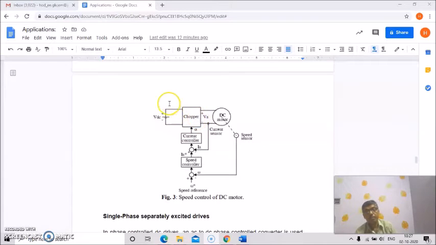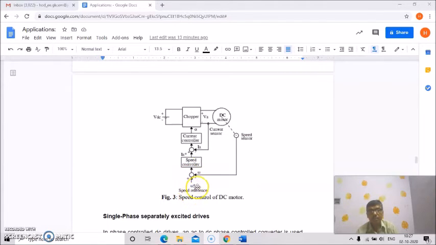From fixed DC we can get this variable DC, which is supplied to the armature of the DC motor. And this is the speed sensor. This is given to the summing device or comparator.